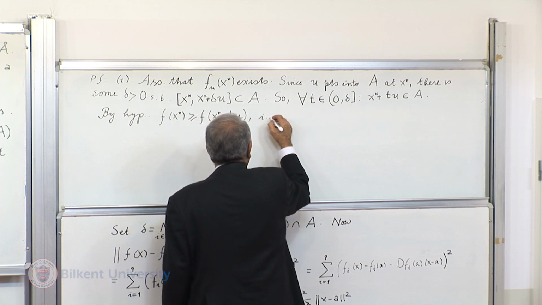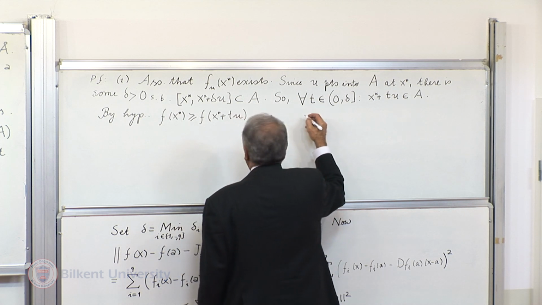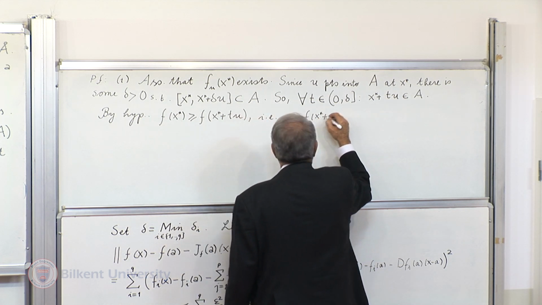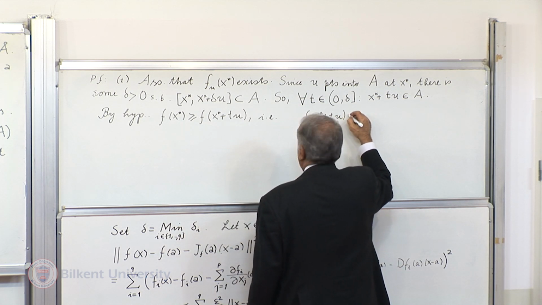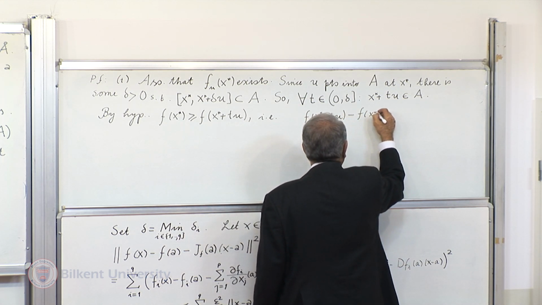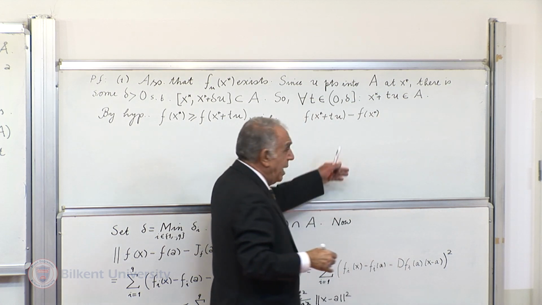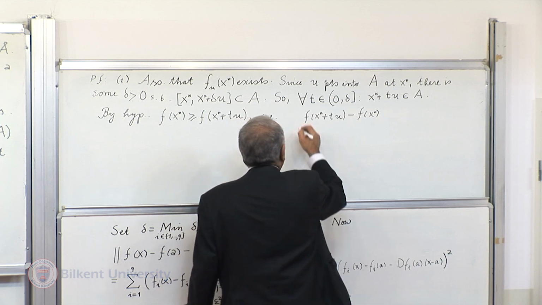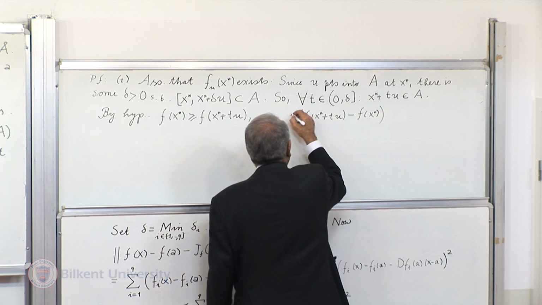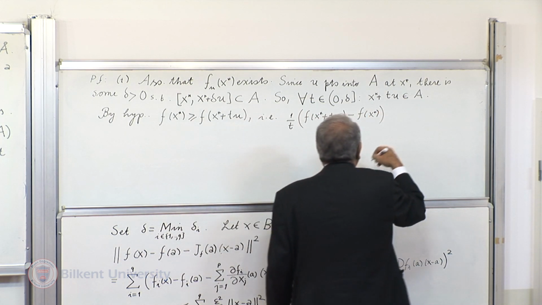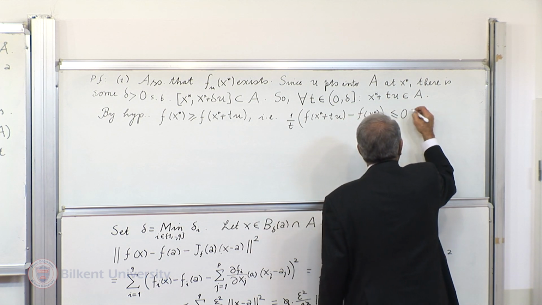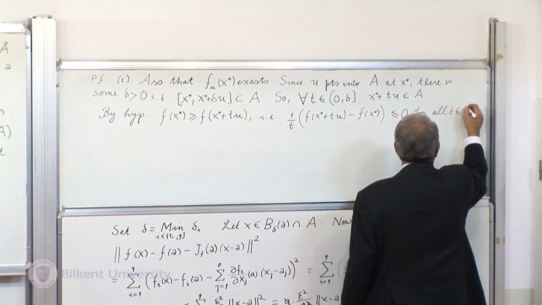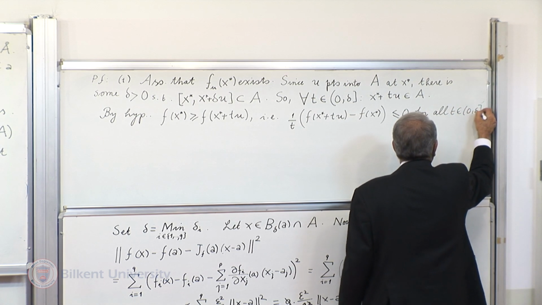That is, f of x star plus tu minus f of x star is less than or equal to 0, but t is positive. If I divide this by t, that is less than or equal to 0 as well for all t in (0, delta).